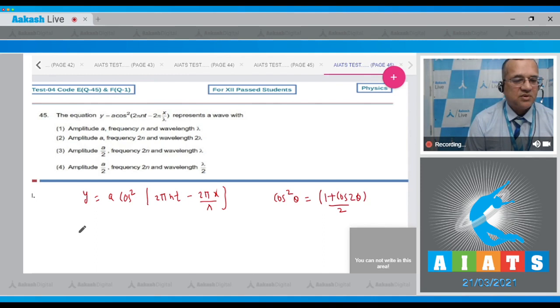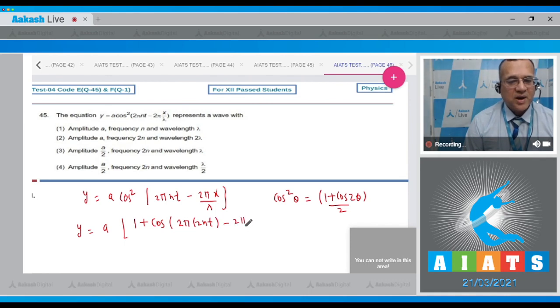We have to use it. So y is equal to a, and instead of this it is 1 plus cos of the double of this, that is 2 pi 2nt minus 2 pi 2x divided by lambda, and the whole multiplied by 1 by 2.